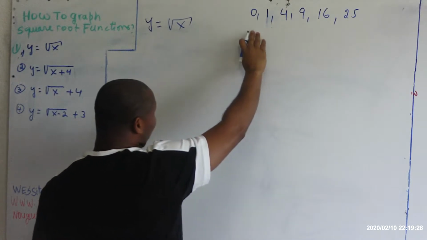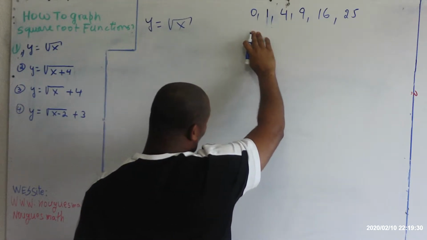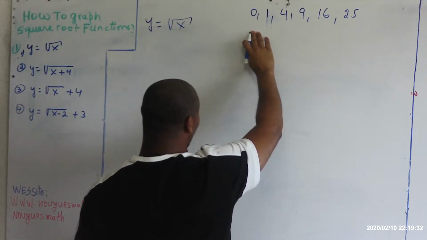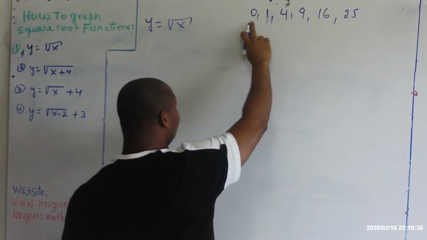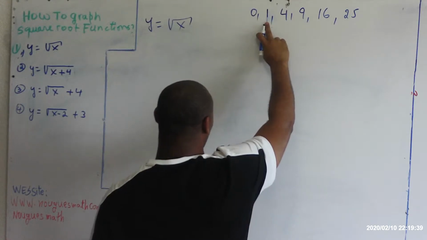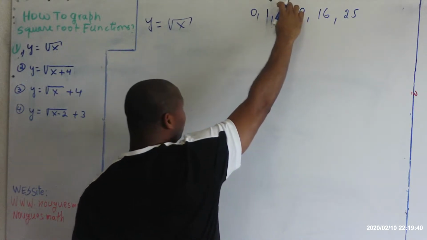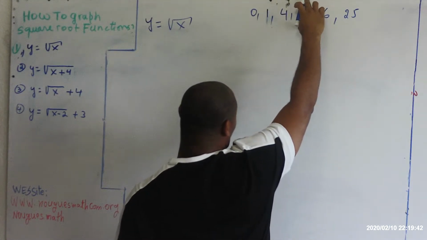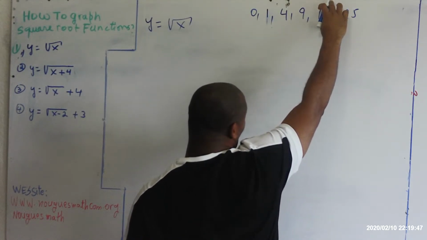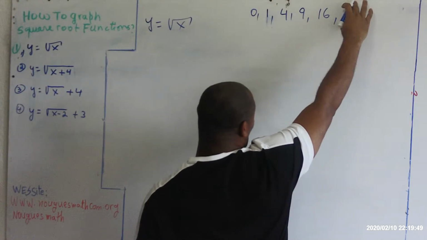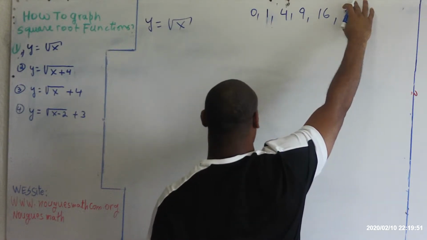Those are the numbers that will give you a perfect square. For example, the square root of 0 is 0, the square root of 1 is 1, the square root of 4 is 2, the square root of 9 is 3, the square root of 16 is 4, and the square root of 25 is 5.